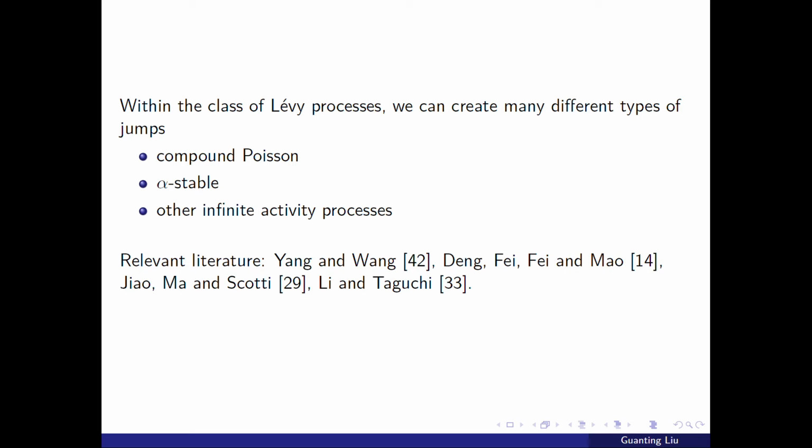Here, let me spend more time to talk about the idea of infinite activity. Just recall undergraduate level probability theory, or maybe actuarial science. When we talk about Poisson processes, we always associate them with waiting times between each jump. That image gives us an impression of sparse jumps of the Poisson process, which isn't the case for, for example, the alpha stable process.